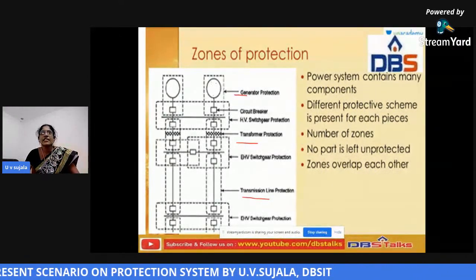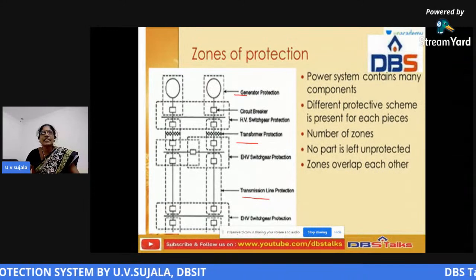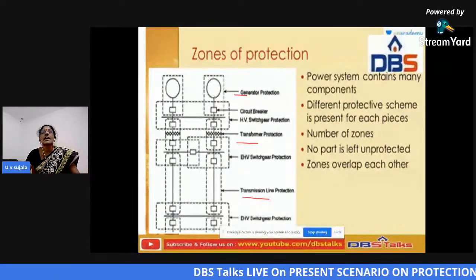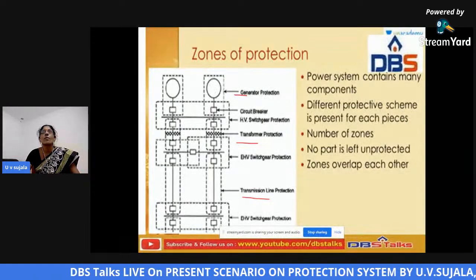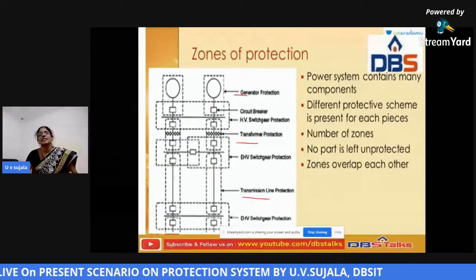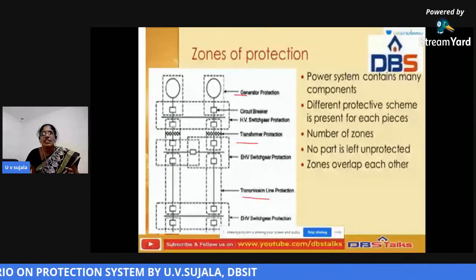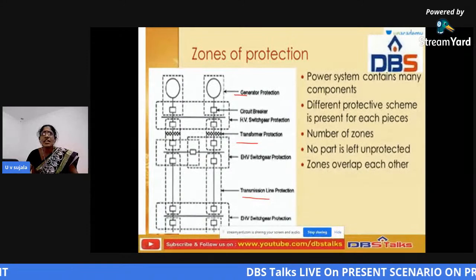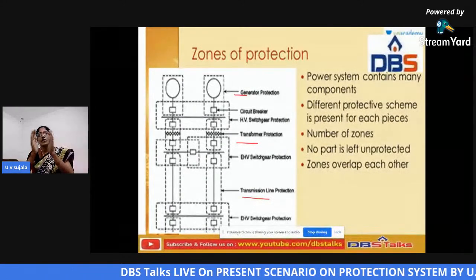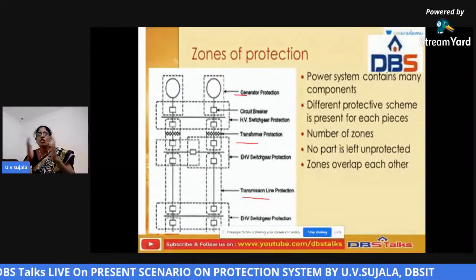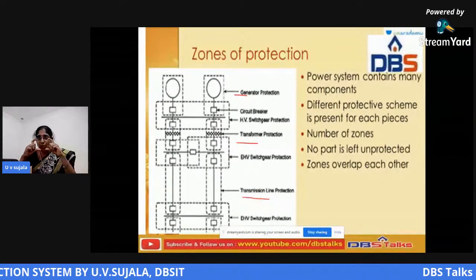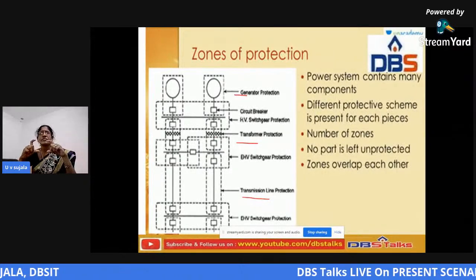Here we have taken the generation, and there is some circuit breaker. You have to protect it so that whenever a fault occurs, the circuit breaker will open and protect the generation system. Suppose the transformer has some problem, the circuit will open. So every zone must have primary and backup protection.